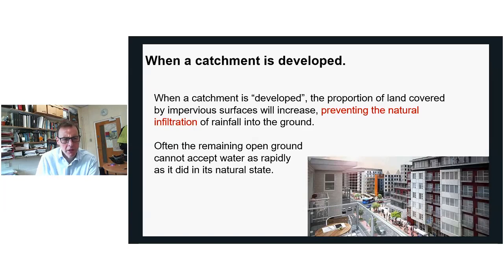And if you remember, we spoke about how the problem with development is we cover the greenfield land with impermeable surfaces, which reduce the potential for infiltration, and also, because they're smooth, the runoff comes over them faster. So the flows in the watercourse tend to peak higher and peak sooner.